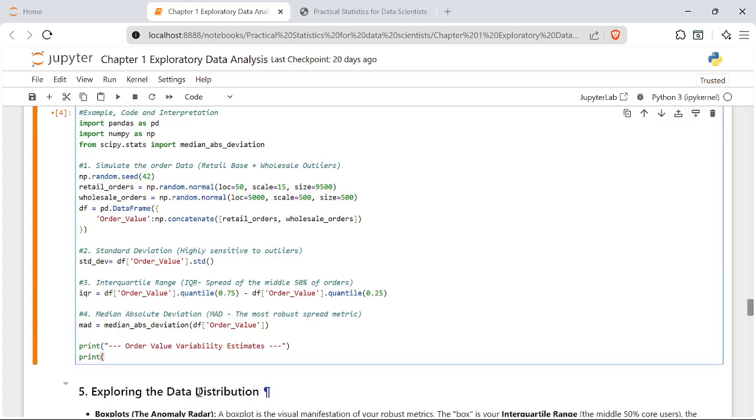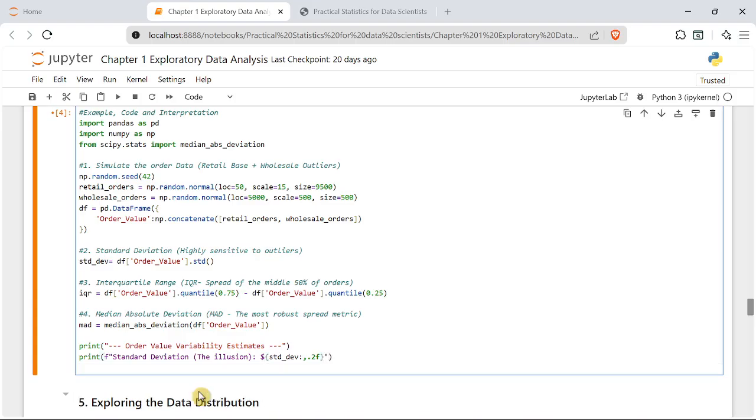Print f standard deviation, the illusion, as std_dev, dot 2f.